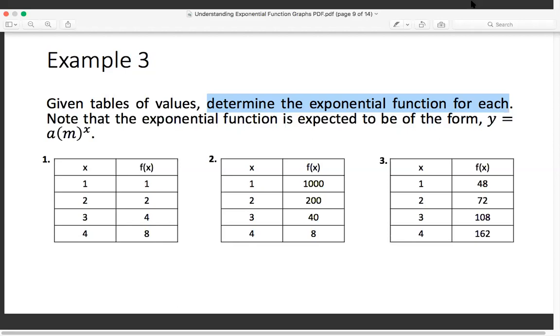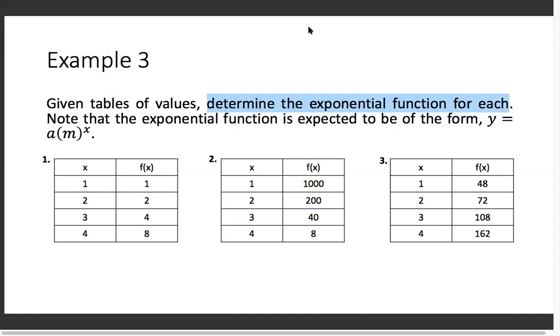I'll show you how to solve number 1, and from there we can definitely infer how to solve numbers 2 and 3. So let me go to our whiteboard.